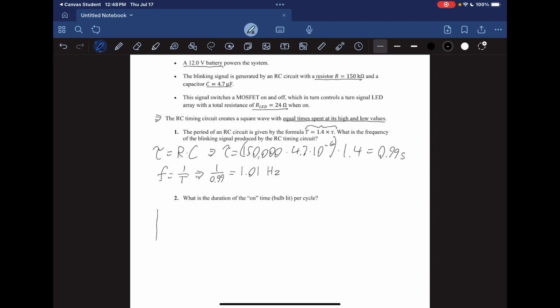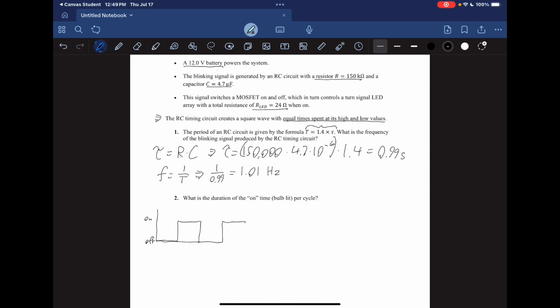Let me actually draw a graph for this. So it says it creates a square wave. I'm going to say that this is off, this is on. So it has an amount of time off, and then it jumps up to on, and then it has the same amount of time off, and then the same amount of time on. And it goes like that for as long as it's on.